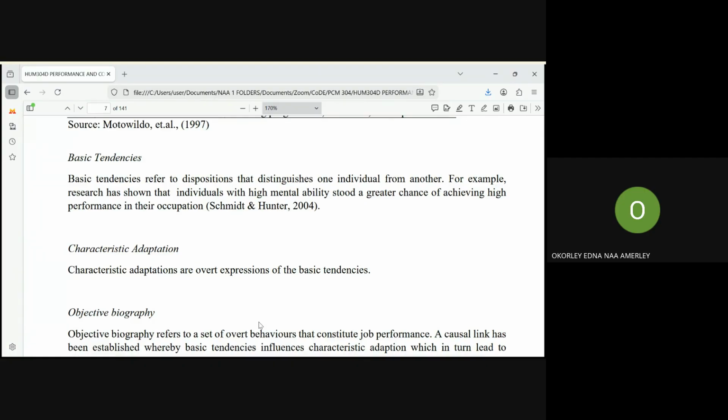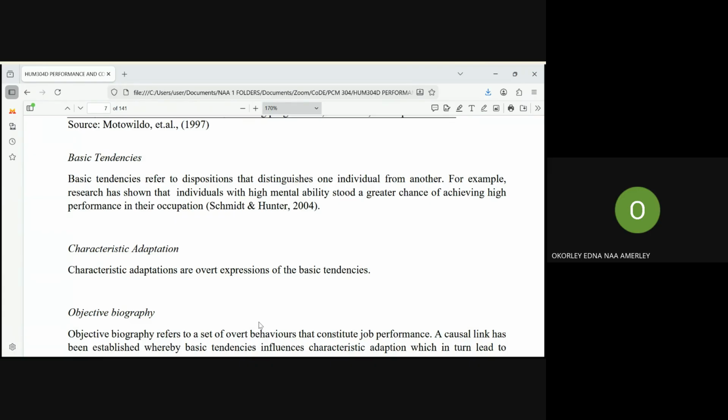So we are saying that the basic tendencies refers to the dispositions that distinguish one individual from the other. So, for instance, individuals with high mental ability stand a greater chance of achieving high performance in their occupation, according to Schmidt and Hunter, 2004. So these assumptions that he has come up with tell you that although we all have the sensory motor, we have this, we have that, depending on how much you have, will help you to do your work highly or medium.